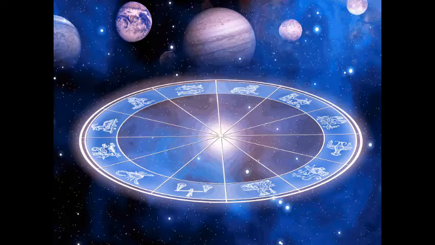So to determine when an experience is likely to occur, we compare the transit positions in the sky at this current moment to the natal positions at the time of your birth and see if there are any aspects being made.